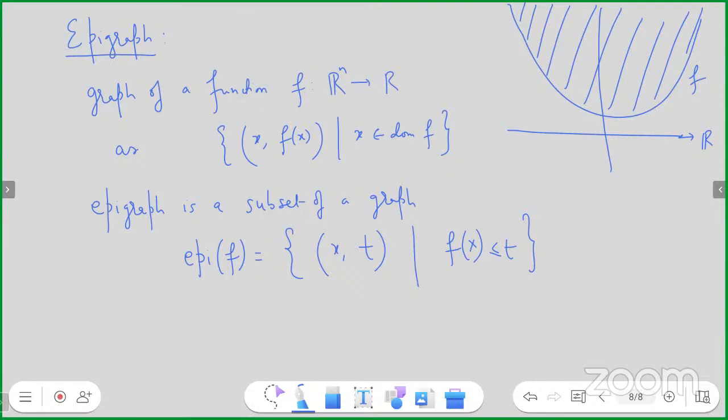Why? That's what we want to prove. The epigraph itself lies above the function, so the line connecting two points on the boundary must lie within it. The whole point is to notice what exactly this epigraph is.